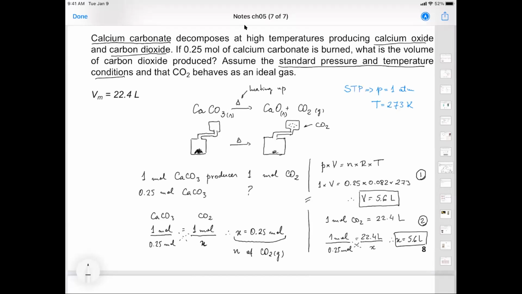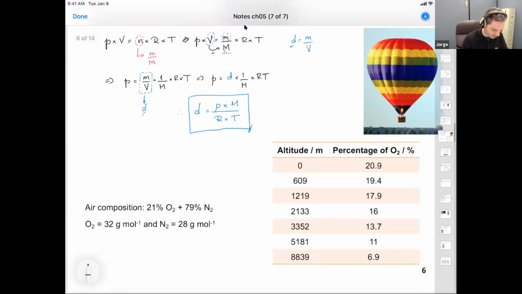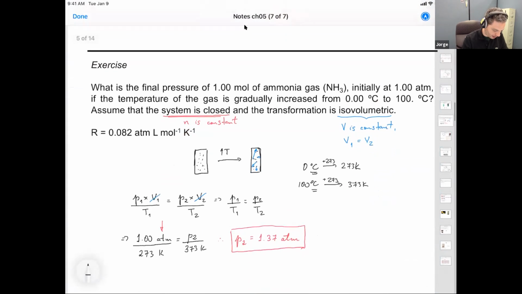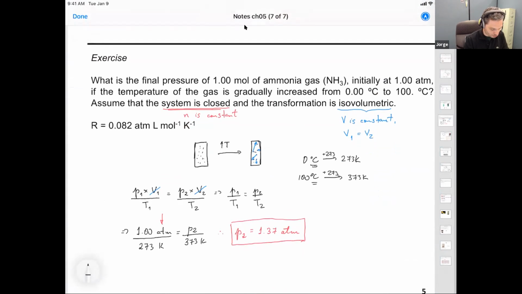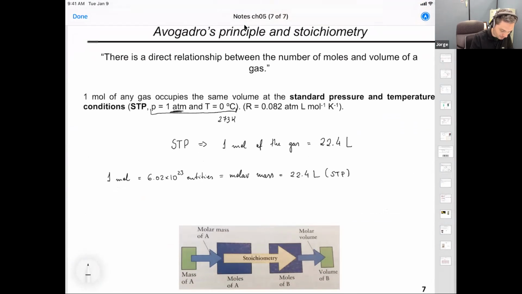Excuse me, Professor. Yes. Why did you use the 0.082 in the first method for R? Okay, so this is a constant, right? If this is a constant, we can go back to the book and get the value. So I went back here and got 0.082 because for this value, we are working in atmospheres, and the STP is in atmospheres right here.